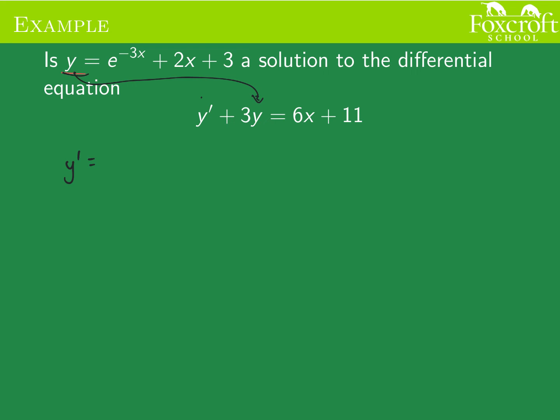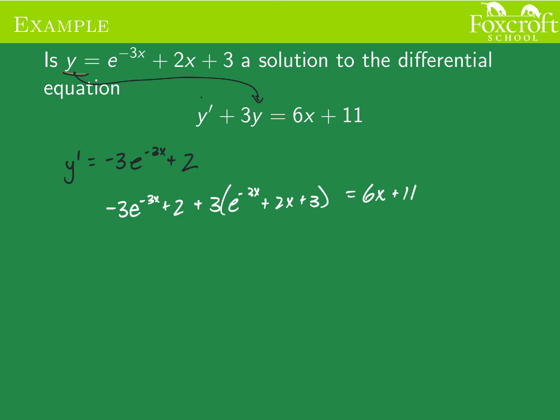The derivative of e to the negative 3x is going to be negative 3 e to the negative 3x plus 2. So that's the derivative of y. I'm going to plug that into my equation. Now I just want to simplify to see if I get an equation that's always going to be true.